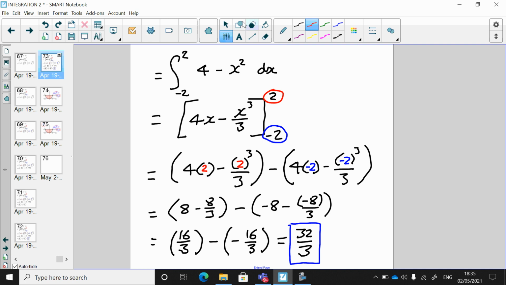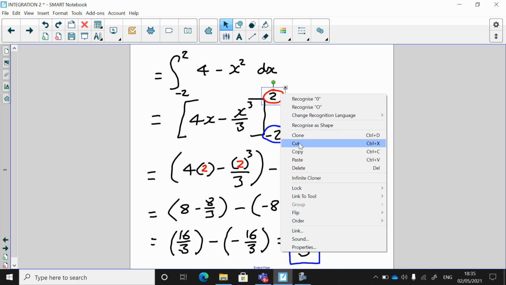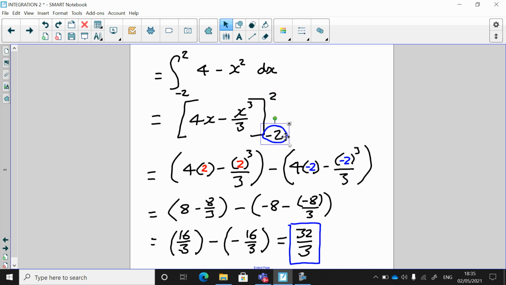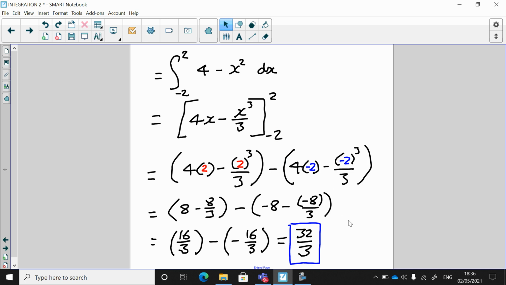Let me get rid of that, but we'll keep the 32 over 3 in a wee box here. So, yep, I'm done, folks. So let's call it a wrap.